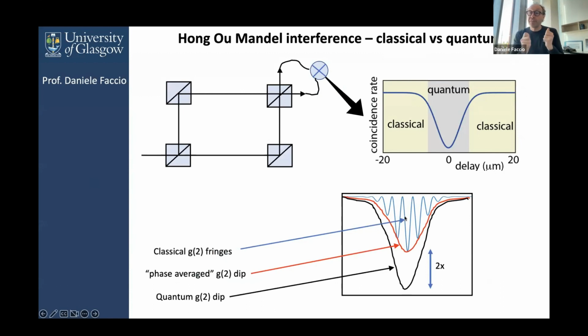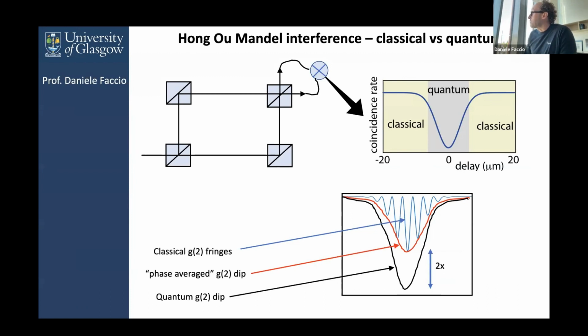If I now put a phase dithering on one of the two arms in order to remove, when I average the G1 fringes, I will be left with this phase averaged red curve, which you can consider to be a classical version of the G2, the quantum Hong-Ou-Mandel or G2 dip. The quantum version is shown in the black curve, essentially the quantum advantage.